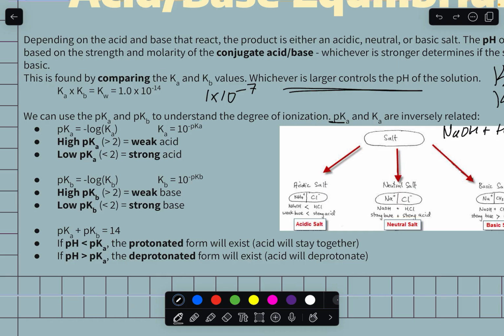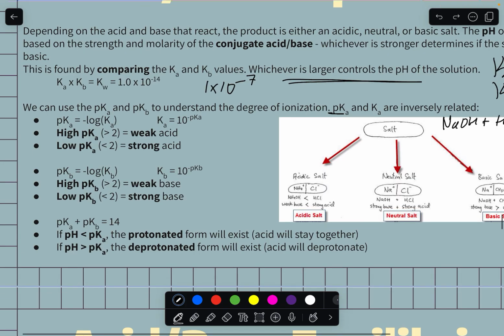But if your pKa is low, so relatively lower than 2, that's a strong acid. Okay, same thing with pKb and Kb. High Kb is a strong base, but low pKb is a strong base. Okay. And then we also have that pKa plus pKb is equal to 14, the same way we had pH plus pOH equals 14.